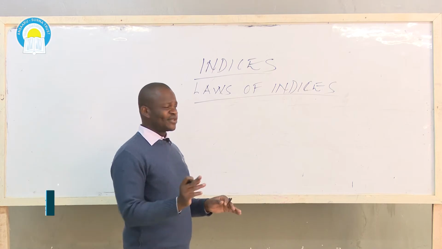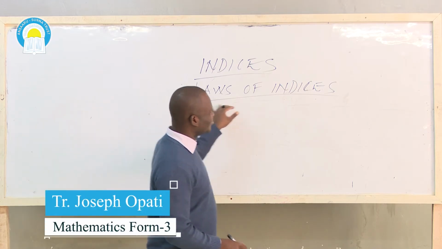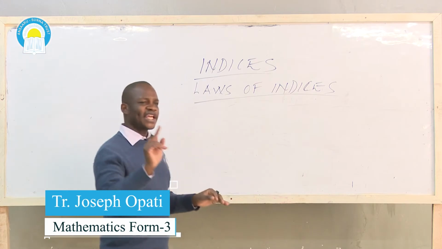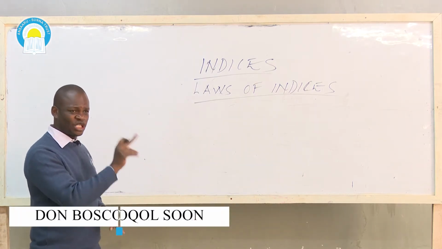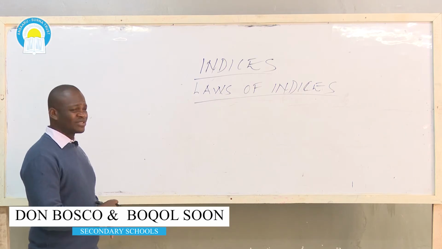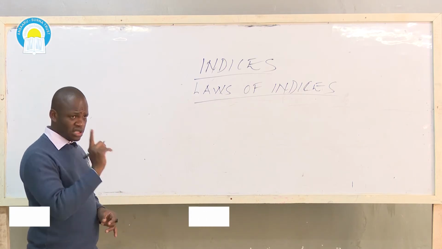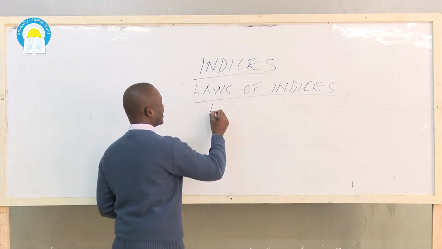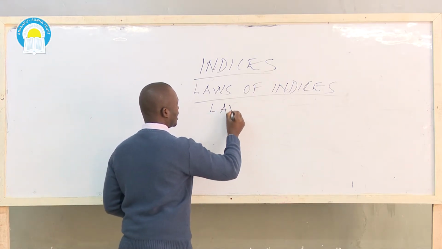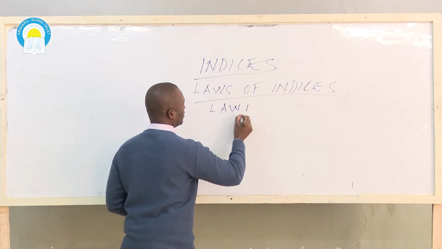Are we together? So even for the laws of indices, you must be very keen to note the condition attached to a particular law. So we want to discuss those laws, one at a time. We discuss the first law. I call it law 1.